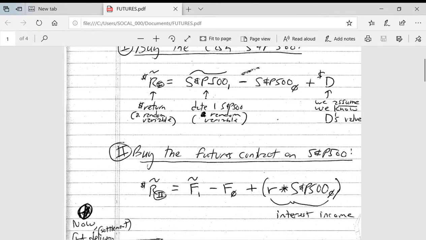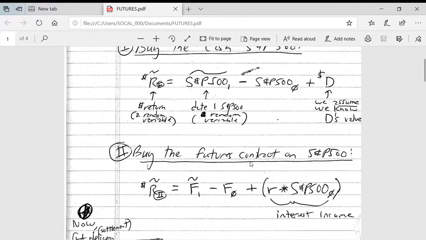We call this strategy Roman numeral 2, and the dollar-based return for this strategy, which is a random variable, is equal to the value of that futures contract at date 1, which is a random variable, minus the value of the futures contract right now, and that's a known value, plus the risk-free rate of interest, the yield on appropriate maturity treasury securities, multiplied by the current value of the S&P 500.